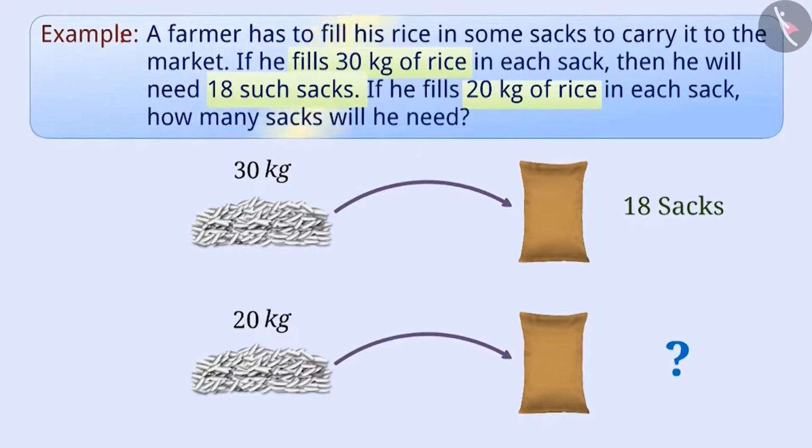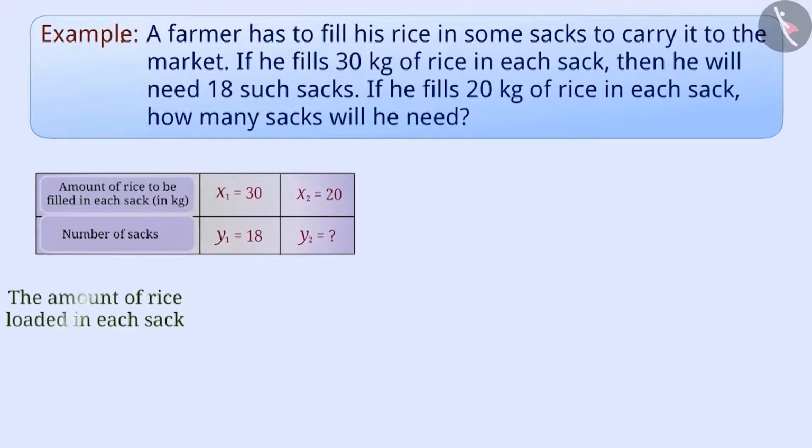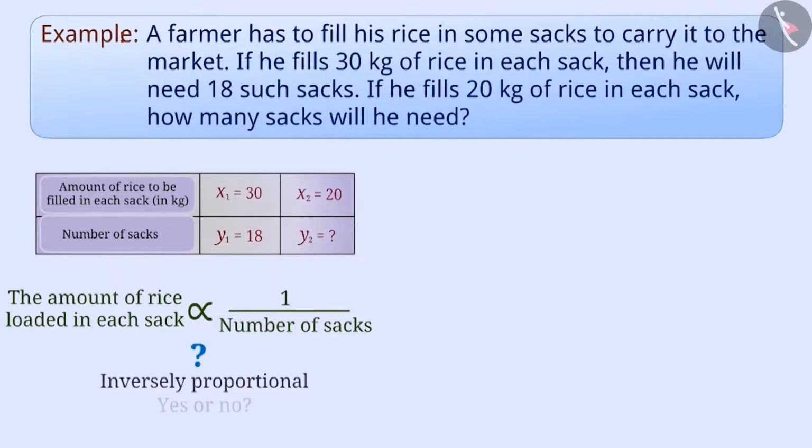We can represent the given information in a table like this, where the variable y2 represents the number of sacks. Can you tell whether the quantity of rice filled in each sack and the number of sacks are inversely proportional to each other? Think for a while.